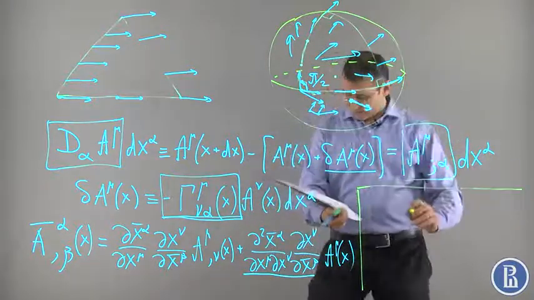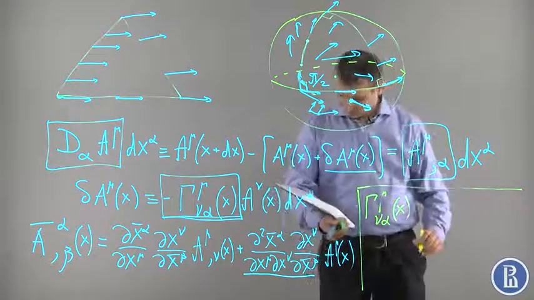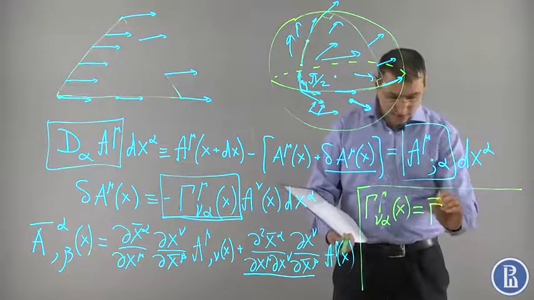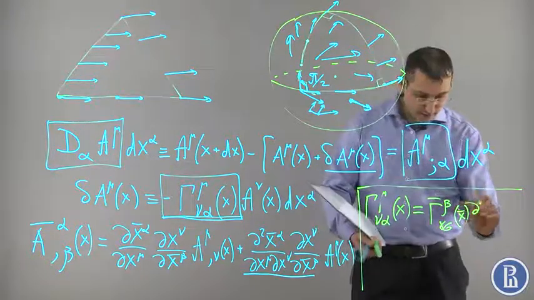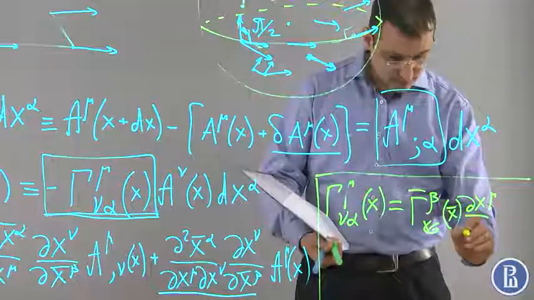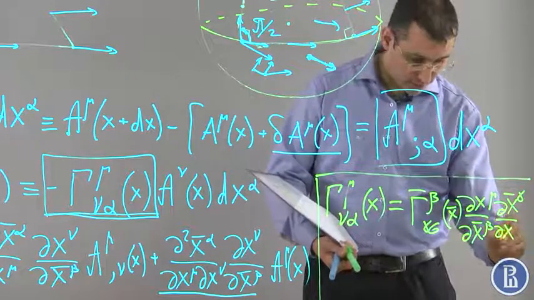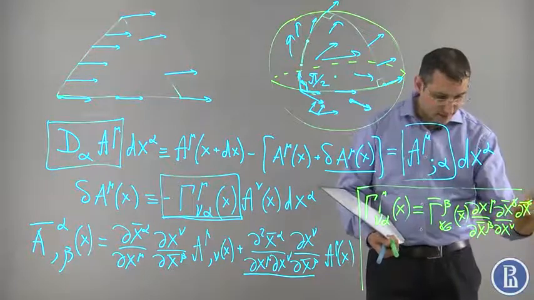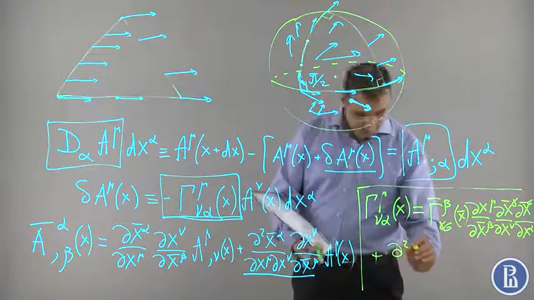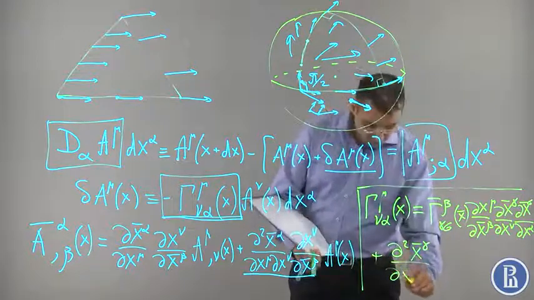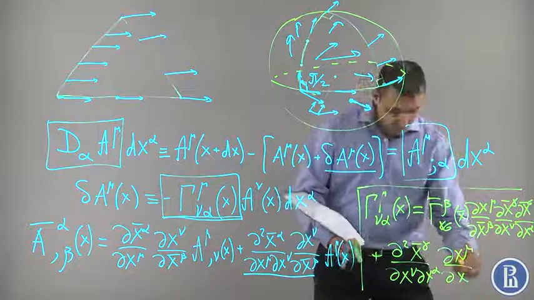Gamma mu nu alpha of x is equal to gamma bar beta gamma sigma of x bar, dx mu over dx bar beta, dx bar gamma over dx nu, dx bar sigma over dx alpha, plus d2 x bar gamma over dx nu dx alpha, dx mu over dx bar gamma.